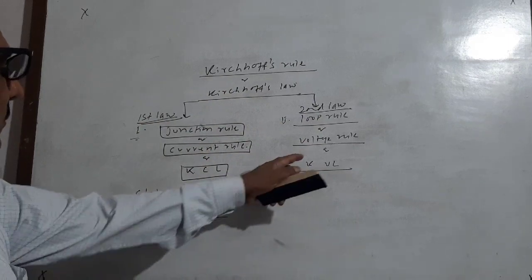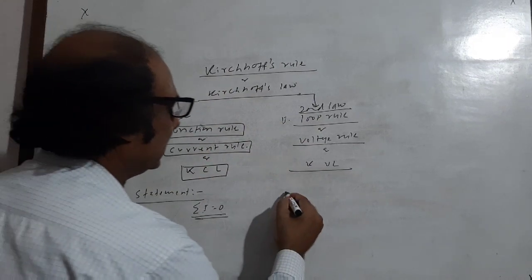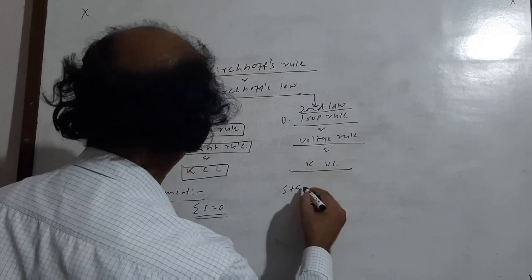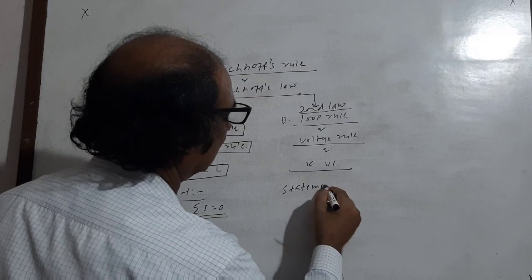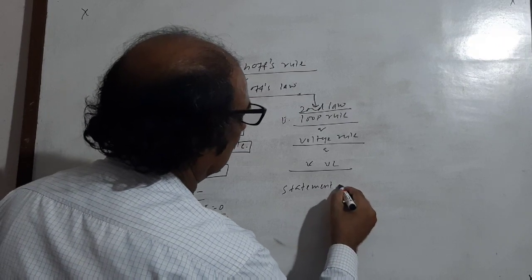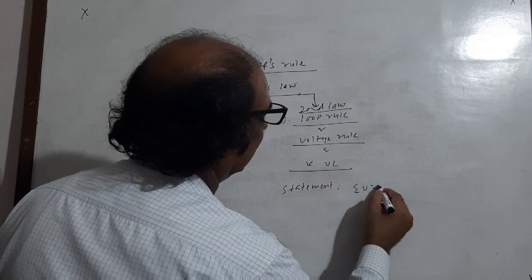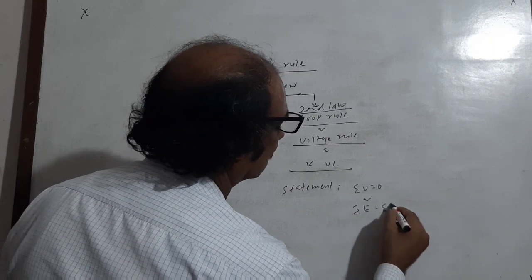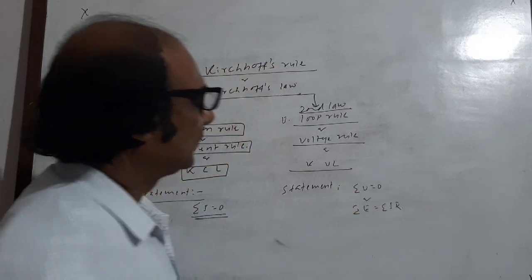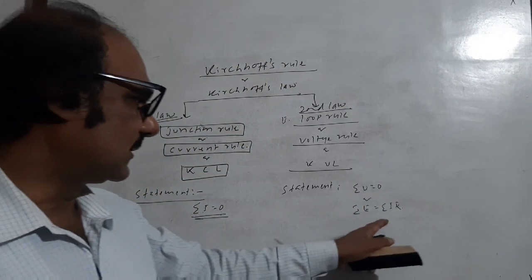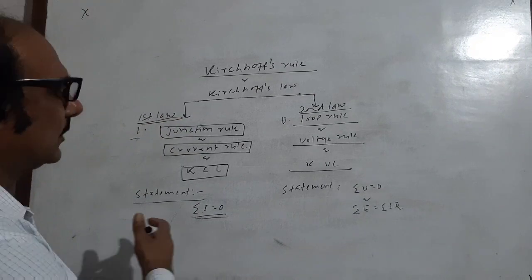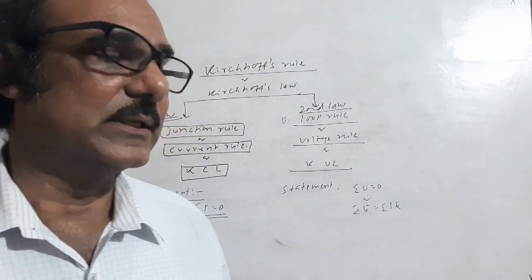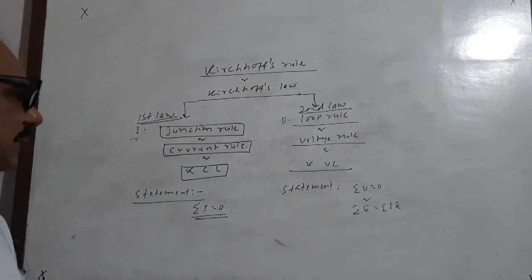Especially this one is the voltage rule and this one is the current rule. And the statement of the loop rule or voltage rule is total V equal to 0, or sometimes the sum of EMF equal to the sum of the product of current and resistance. Sum of E is equal to sum of IR. So in brief, Kirchhoff's law is represented in mathematical form like that.